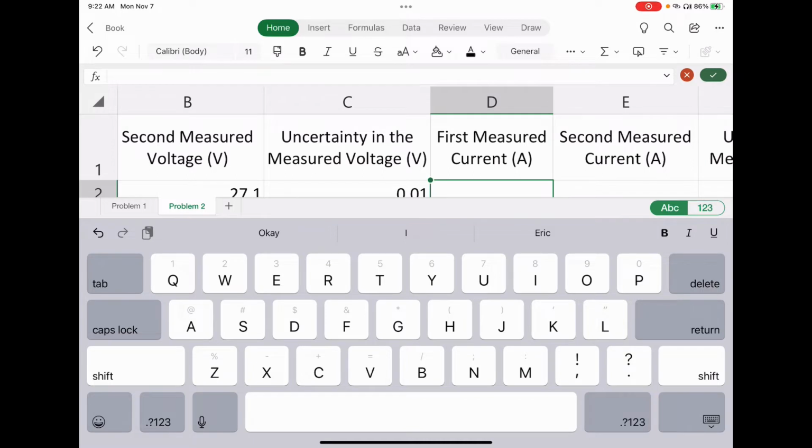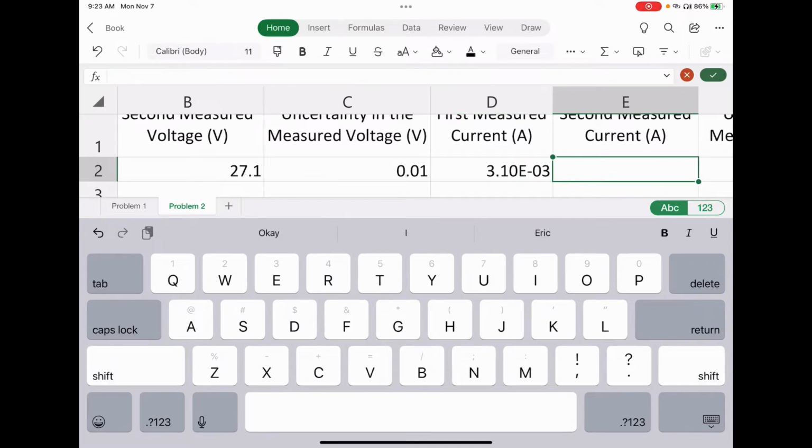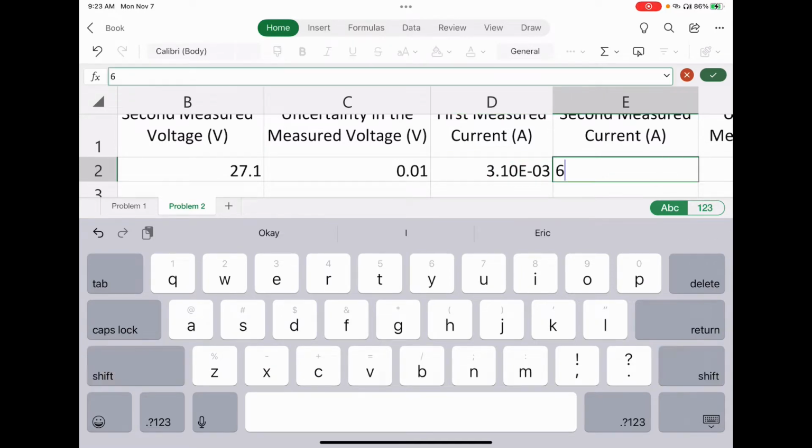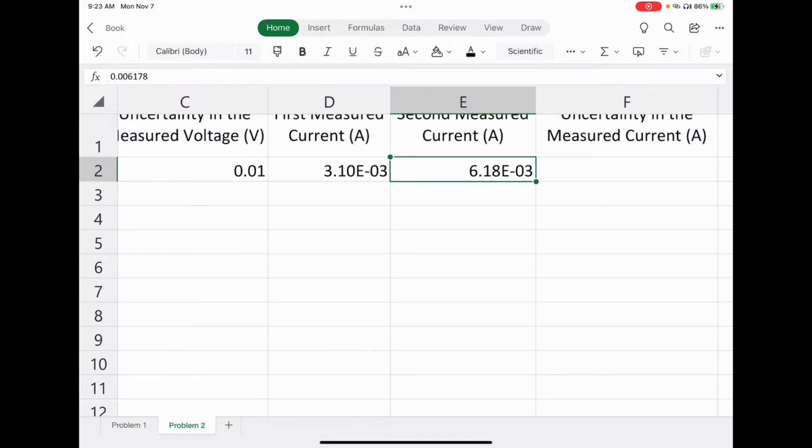In this case, it's going to be 3.1E-3. All right. And then the second point is 6.178E-3. Okay. And those are 3 decimal places.